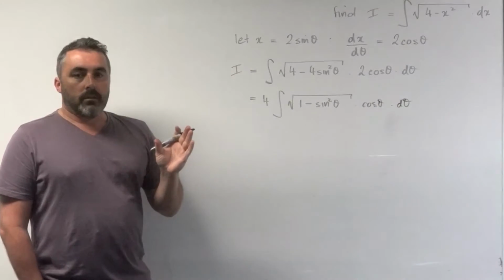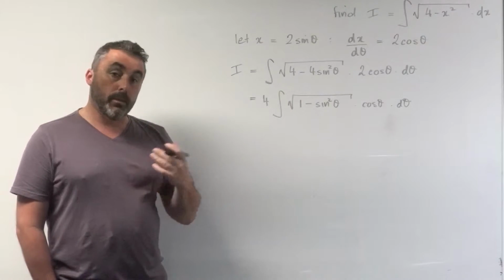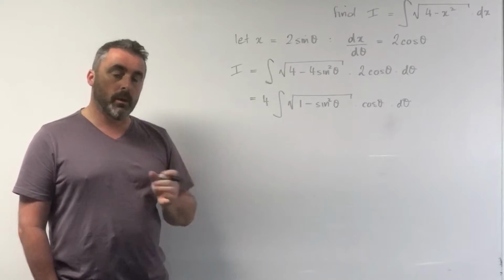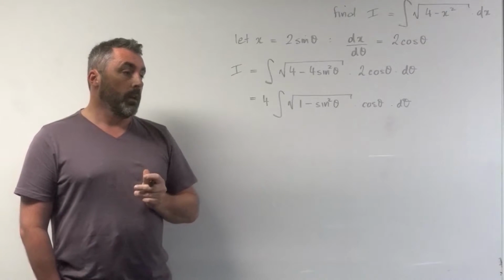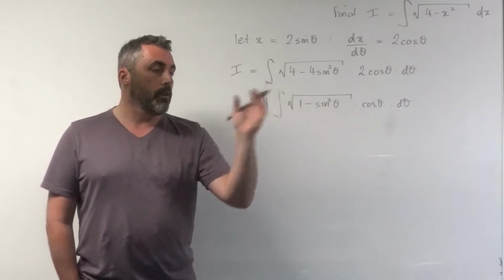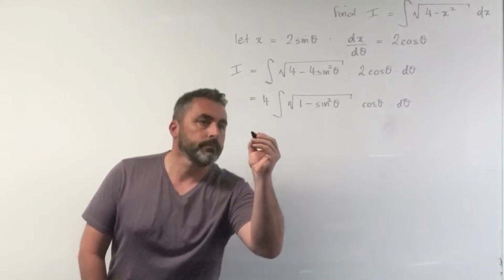And now we're in a good situation because 1 minus sine squared, remember, is a Pythagorean identity. I can replace 1 minus sine squared theta with cos squared theta. And we've got the square root of cos squared theta. So it'll all tidy up quite nicely.